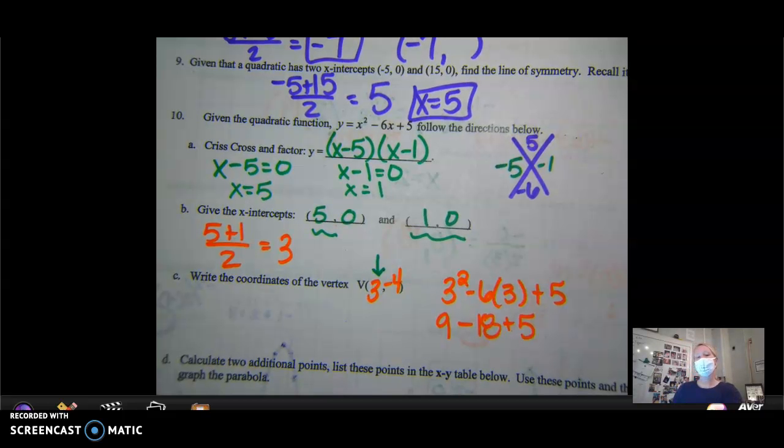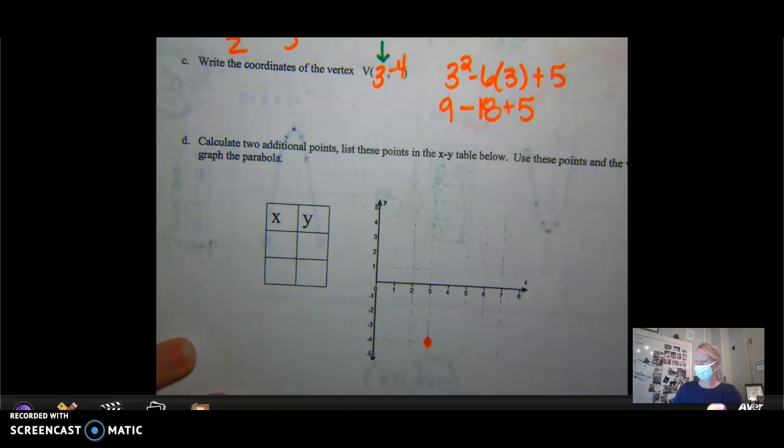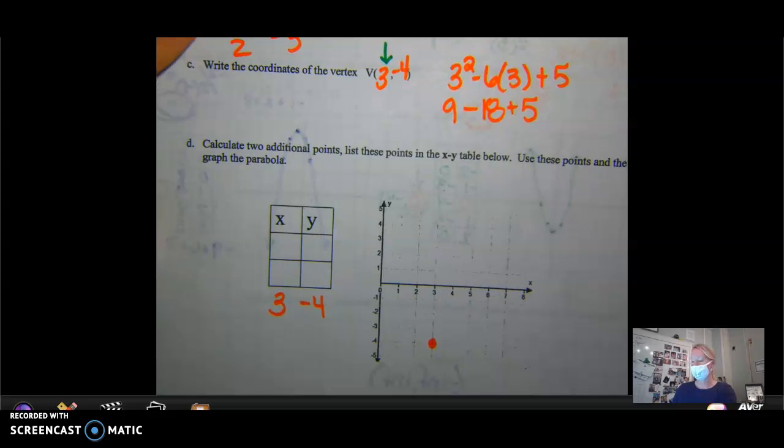So we have a point at over 3 down 4. What are 2 additional points that I should have? So (3, -4), sorry, is one of them. I need 2 additional points. What should those 2 additional points be? What'd you say? I'm sorry? Not 5 and 0. Oh, I see what you're doing. They want 2 additional that we haven't come up with.